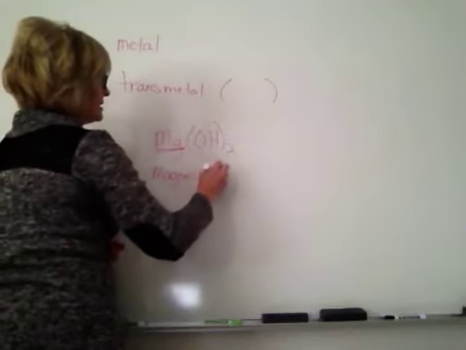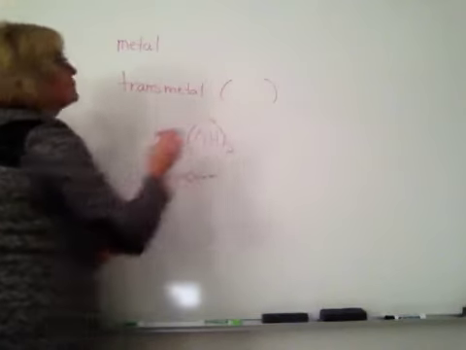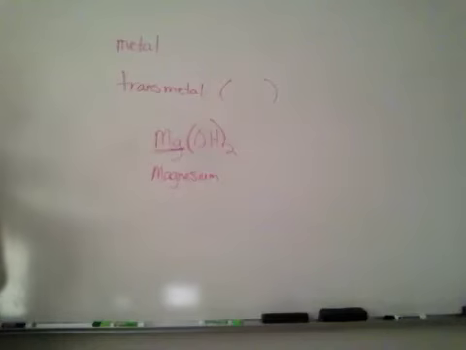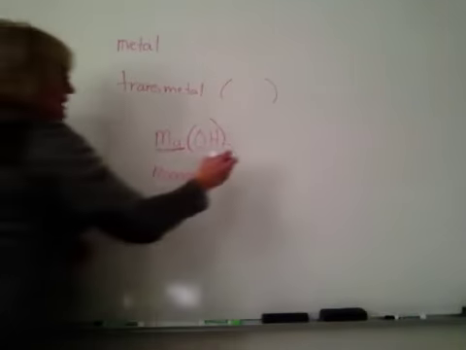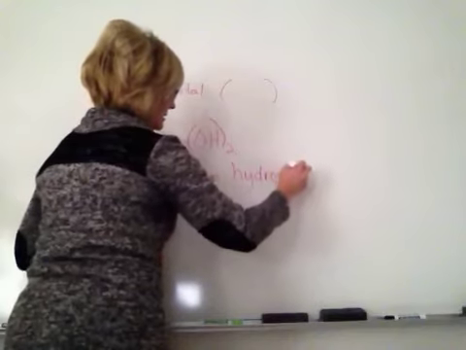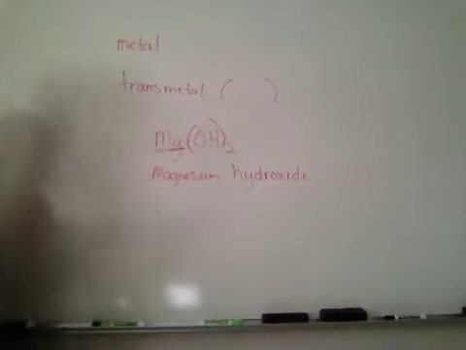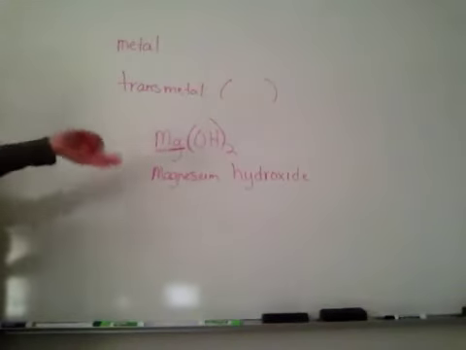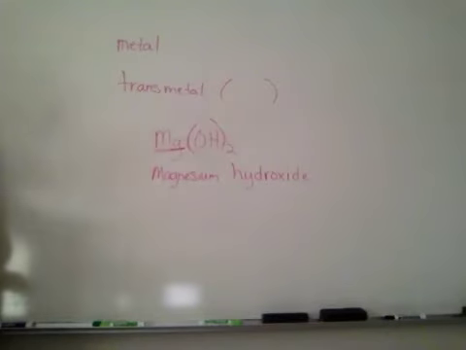Second name is polyatomic, so I'm going to have to look at my cheat sheet, not my periodic table. What is OH? Hydroxide. So all I'm going to write is hydroxide. Its name is magnesium hydroxide. First name cation, second name anion.